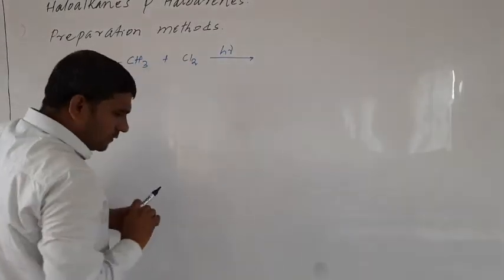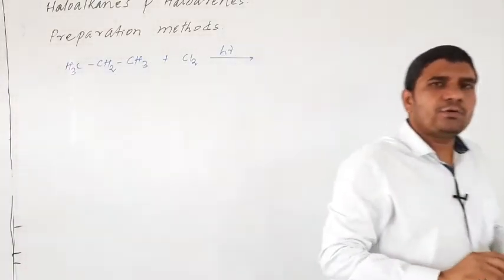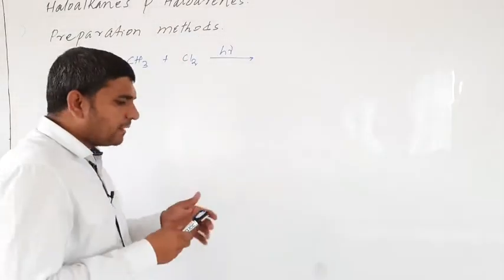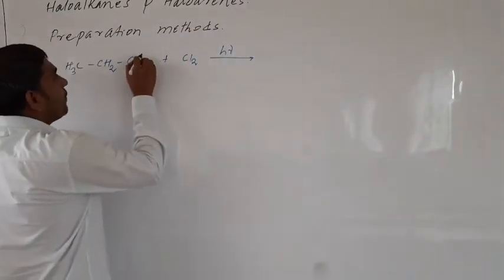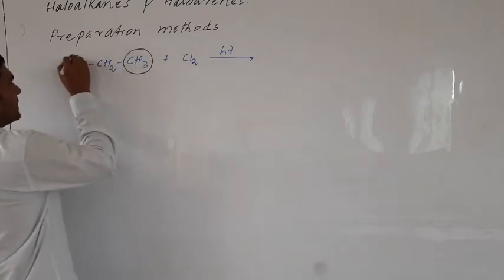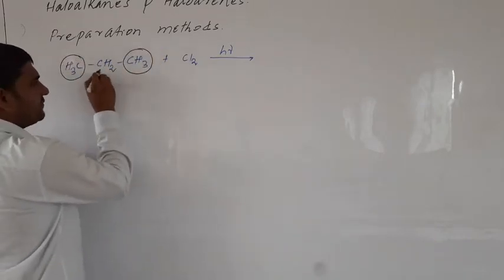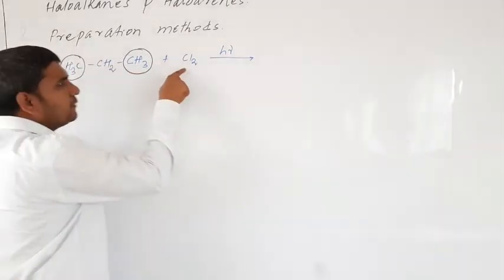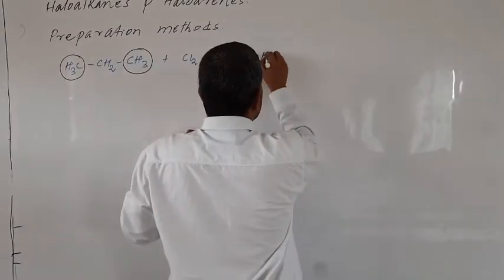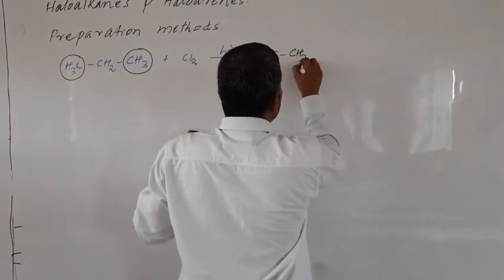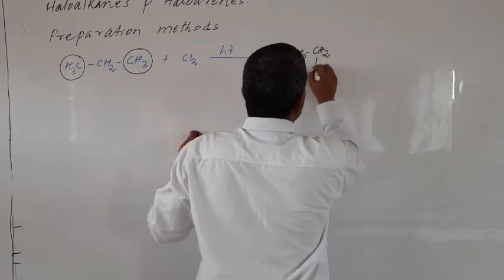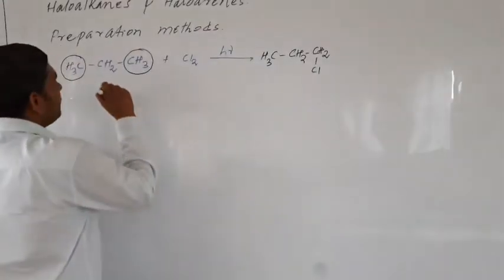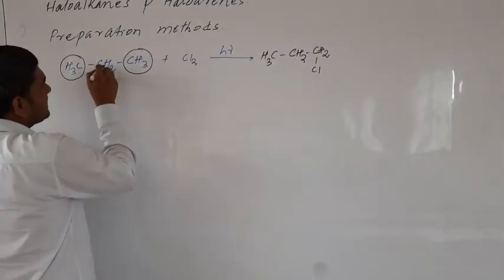If you observe the given molecule, you will find two different types of hydrogen. This methyl group and this methyl group are both the same, and this one is different. If you replace this hydrogen with a halogen, the product is CH3CH2CH2Cl, 1-chloropropane.